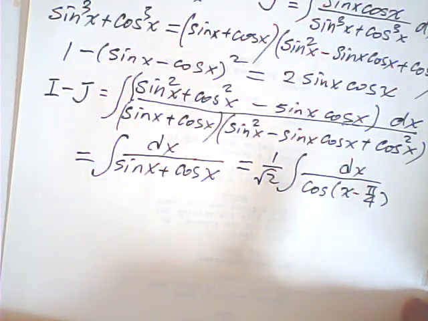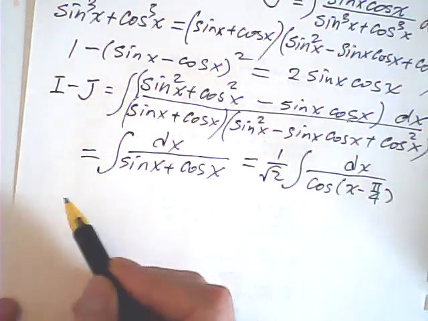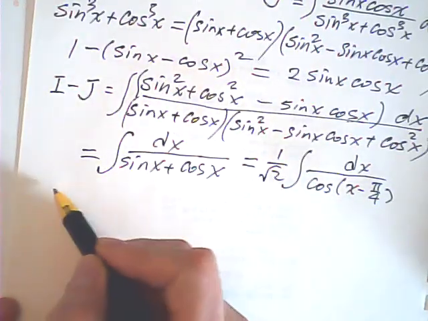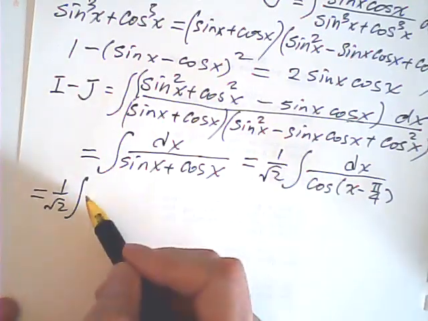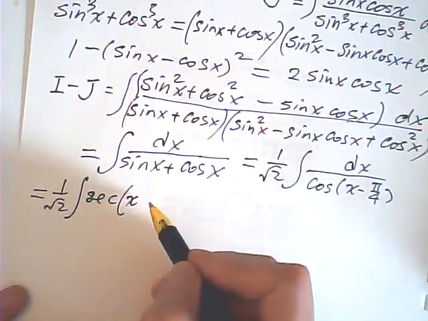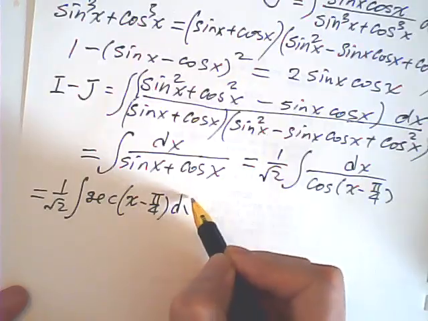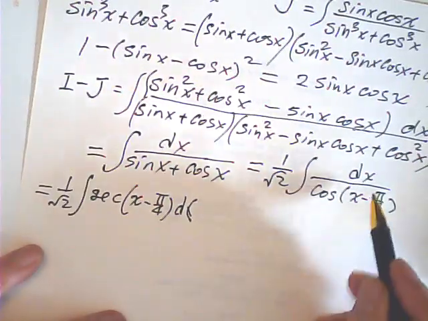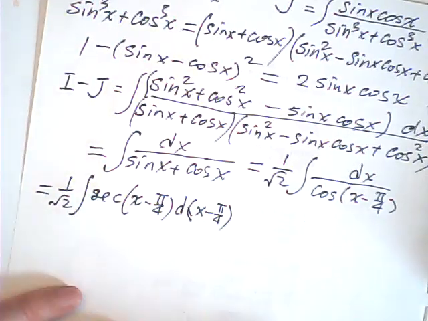Then we are finished, because this is more or less finished. This is secant, right? Secant of x minus quarter pi dx is the same thing as d of x minus quarter pi. There's no difference.